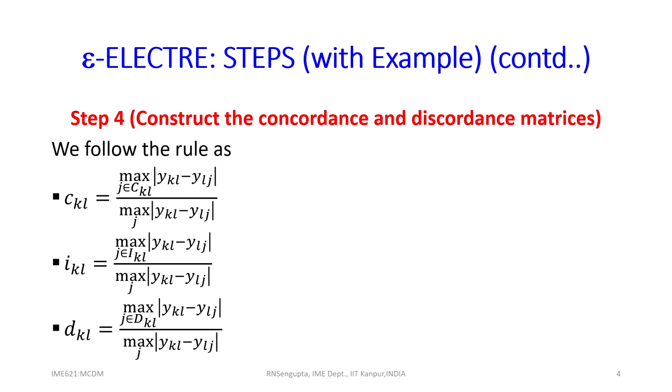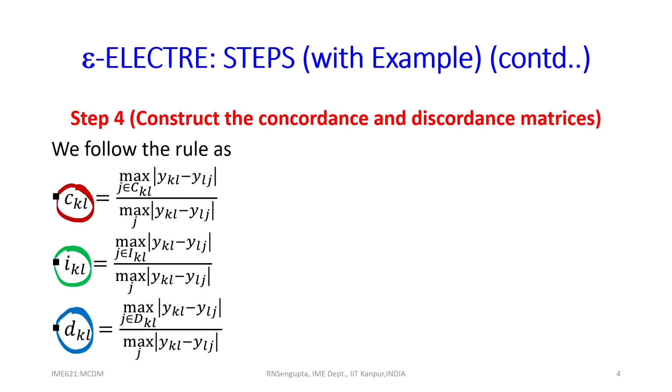C is basically for concordance, I is for indifference, and D is for discordance. So, this CKL is for concordance, this IKL is for indifference, and this DKL for discordance. I am using different colors in order to highlight.